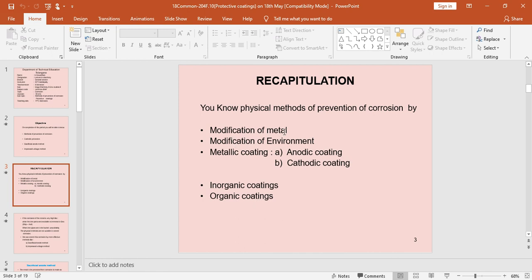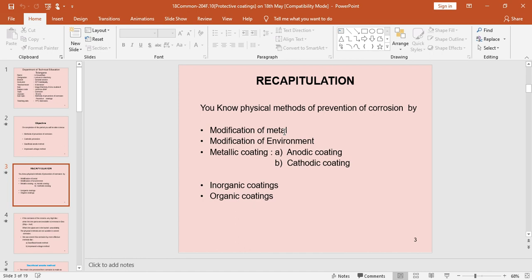Modification of metal is also prevention of corrosion: if we increase the purity of the metal, we can prevent the corrosion. Modification of environment: we can change humidity and temperature. Environment means optimum levels of temperature and pH values. We can change the surroundings of that metal and prevent its corrosion.